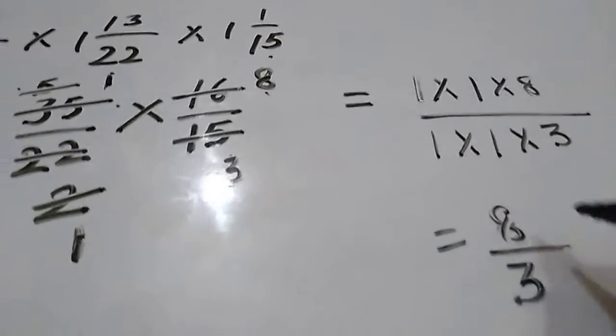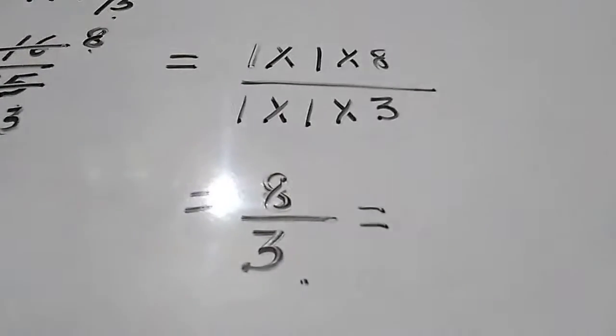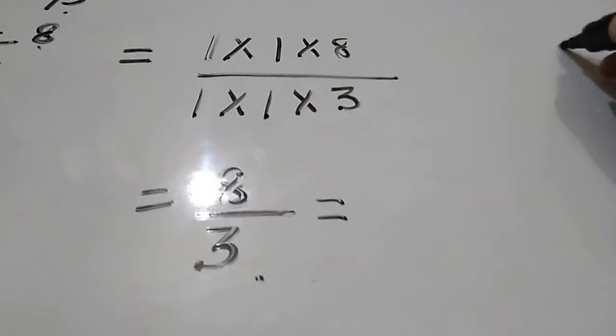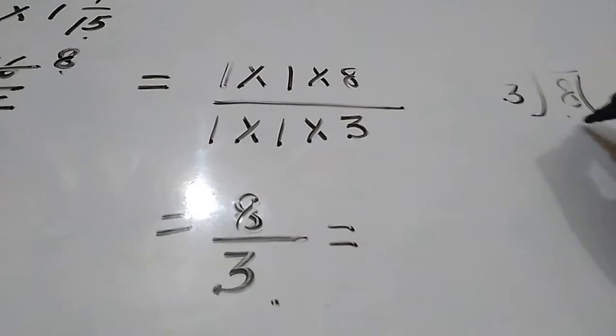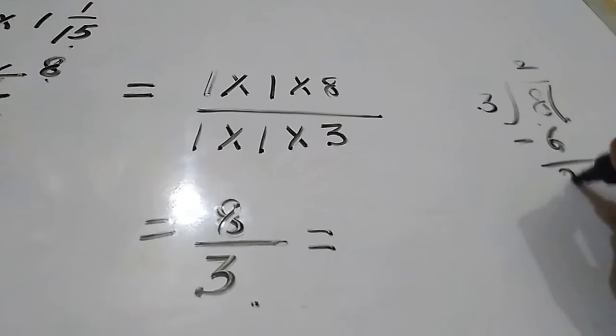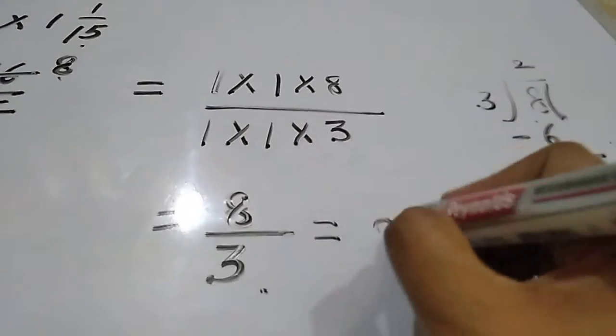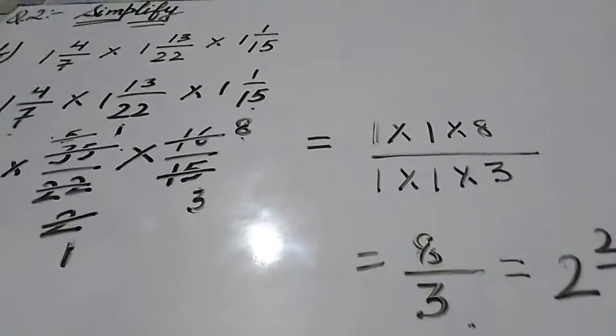Now students, this is an improper fraction. Whenever you have an answer in improper fraction, you have to change it into a mixed fraction. Here is 8 and here is 3. On the table of 3, 3 twos are 6, 8 is not possible, so here is 2 remainder. That means the mixed fraction is 2 2 by 3. So this is your answer.